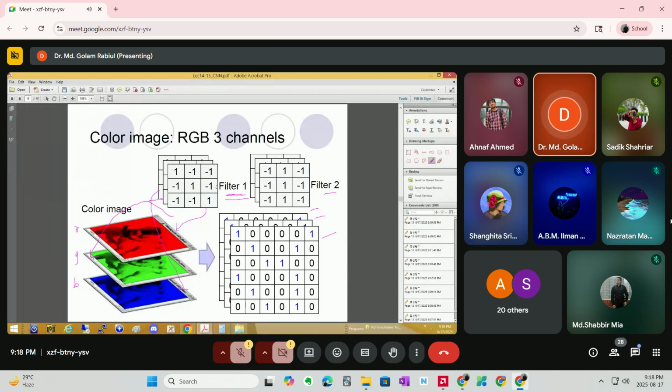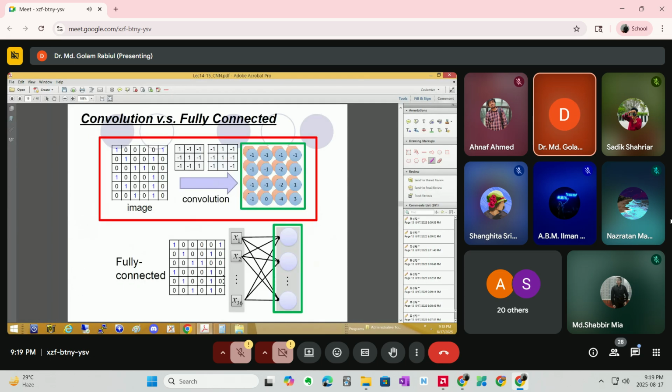Similarly, for filter 2, we have to apply it on these 3 components also, if we consider color images.